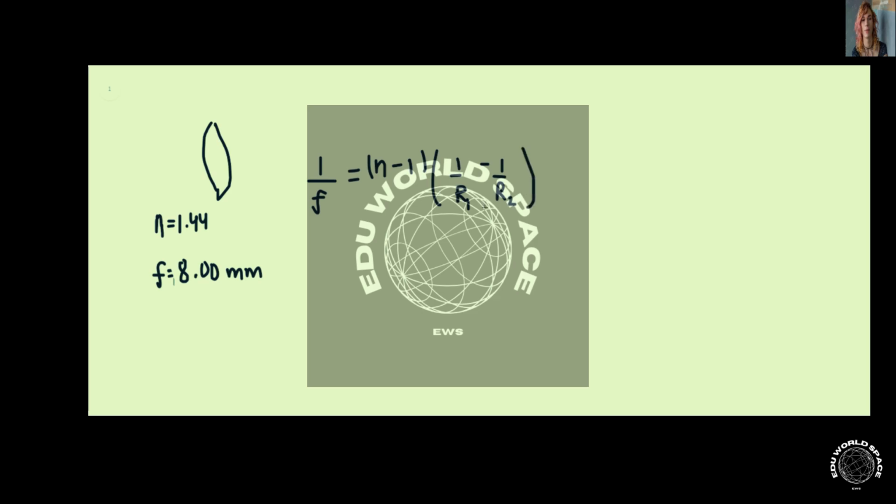And so these are the same. So that's going to be n minus 1 all multiplied by 2 over r. If we want to solve for r, that's equal to f times n minus 1, times 2.